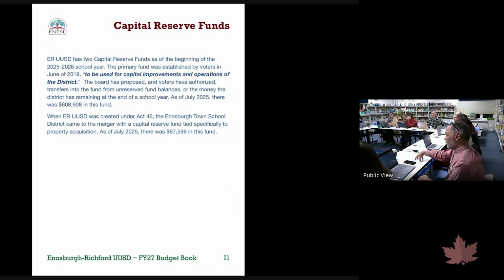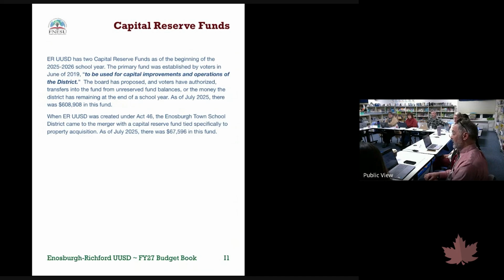When we merged districts, those capital reserve funds came to the larger district, but we kept them tied to those buildings. So if Enosburg had capital reserve funds and there was an issue with an Enosburg building over and above what we cover in a normal budget year, we would take that out of the Enosburg Capital Reserve Fund, not the Richford Capital Reserve Fund, and we would deplete the Enosburg Capital Reserve Fund before we depleted the district-wide one.